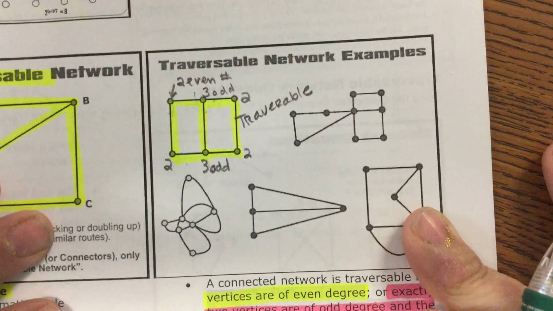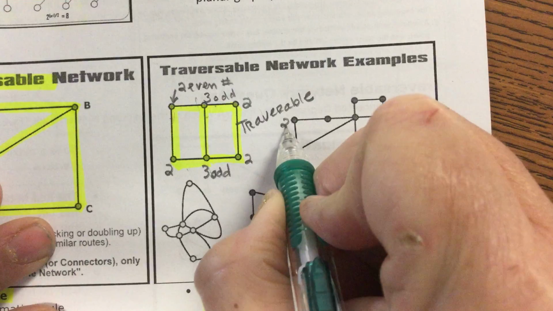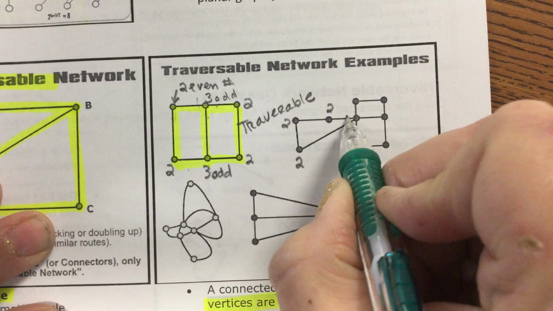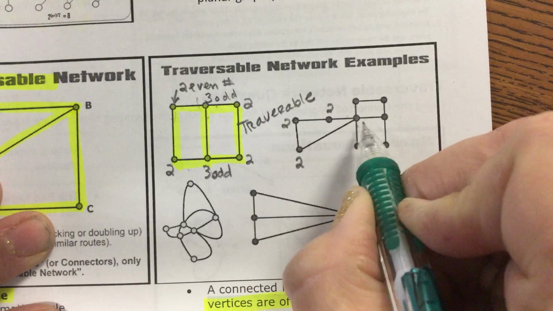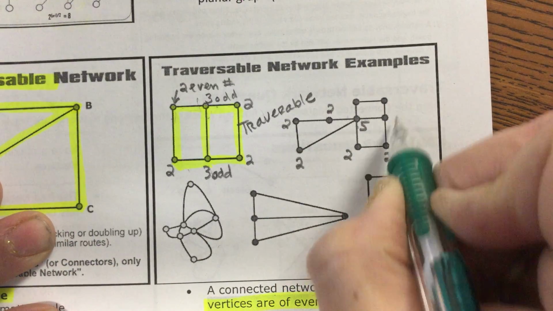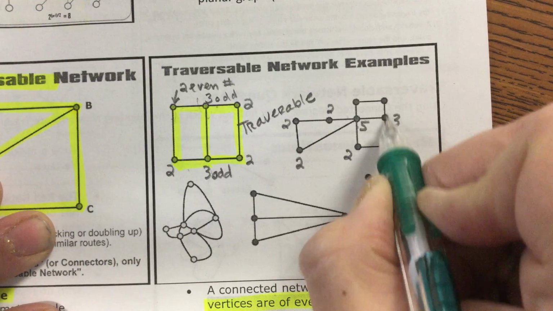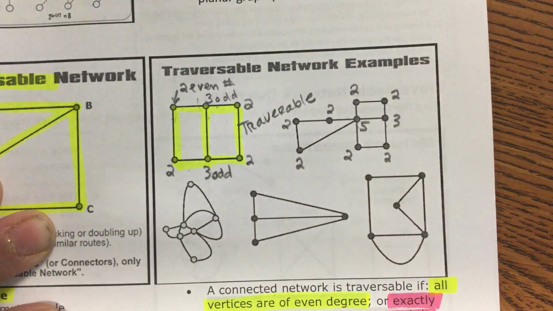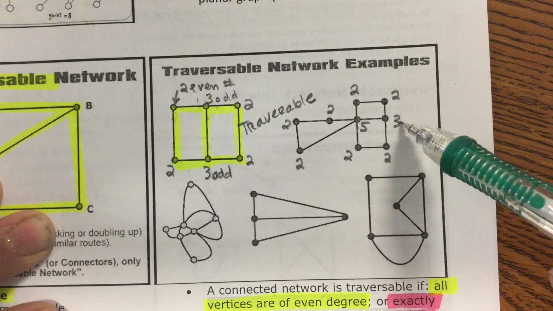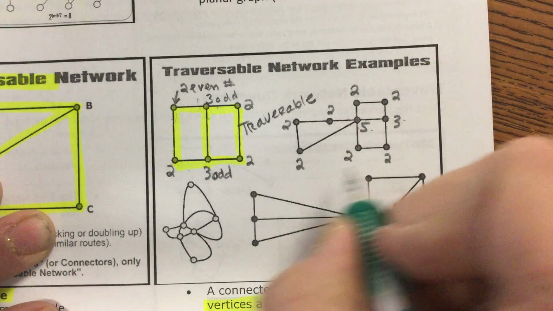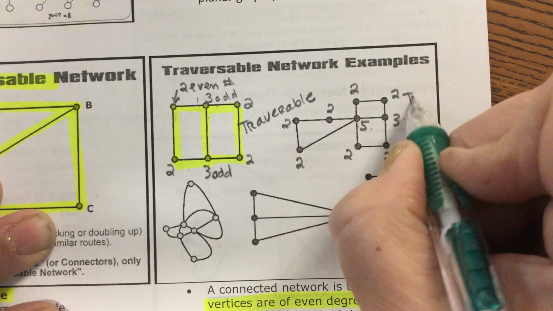Let's look at these. This one would be a 2, 2, 2, then 1, 2, 3, 4, 5, so that one would be an odd node. This is a 2, a 2. There are 3 in that one, 1, 2, 3. This is a 2 and a 2. This has exactly 2 odd and the rest are even. This one would be traversable.